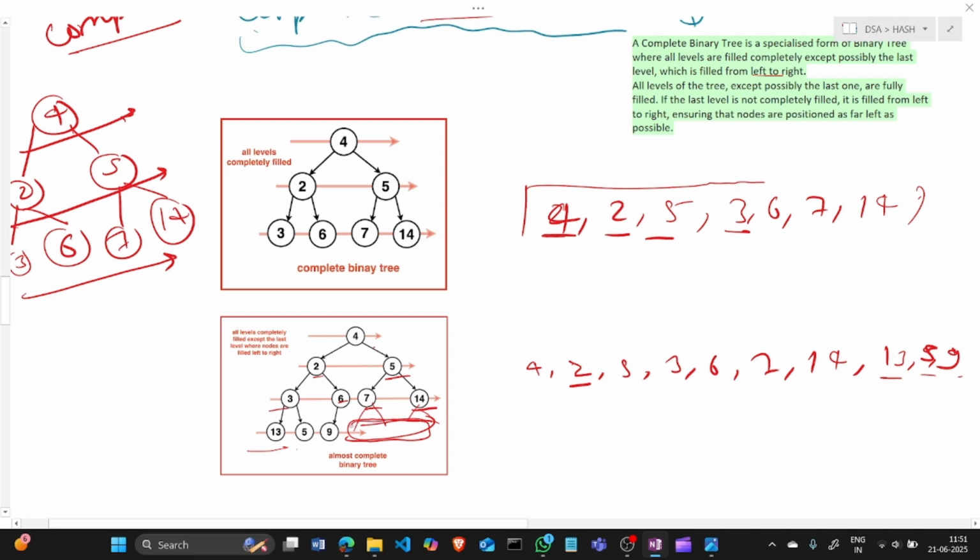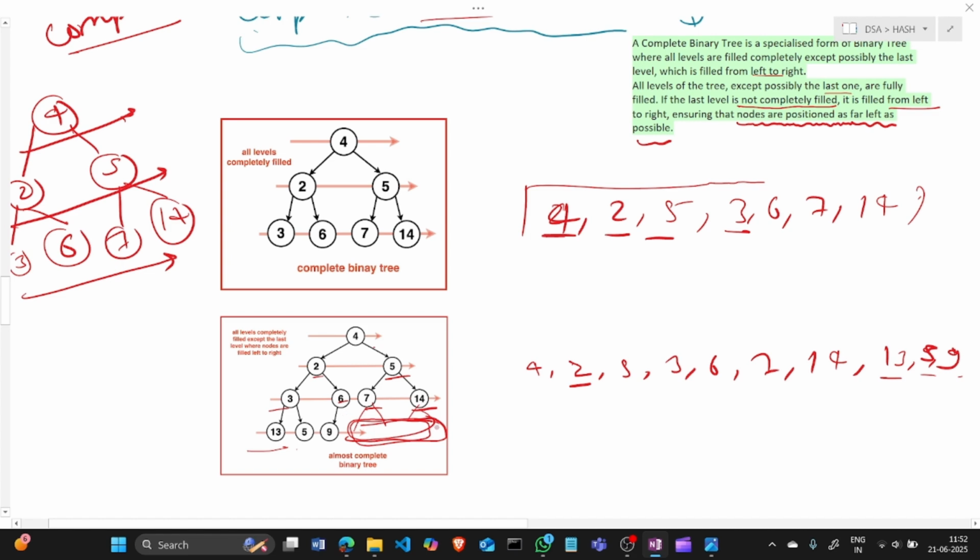So we can say the last level is not completely filled. All the levels of a tree except possibly the last are filled. If the last level is not completely filled, it will be filled from left to right, ensuring that nodes are positioned as far left as possible. So this is the complete binary tree.